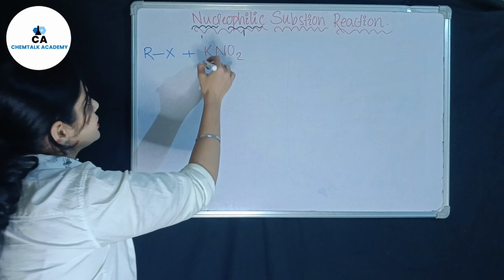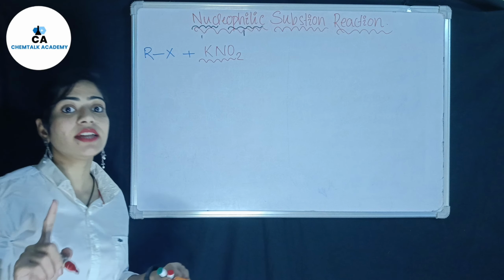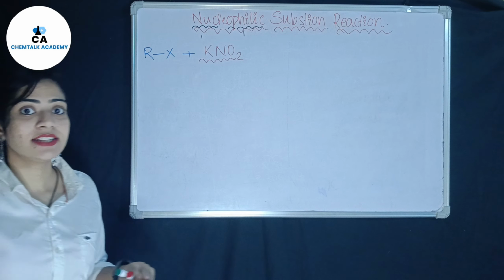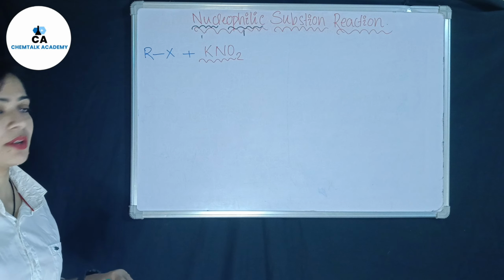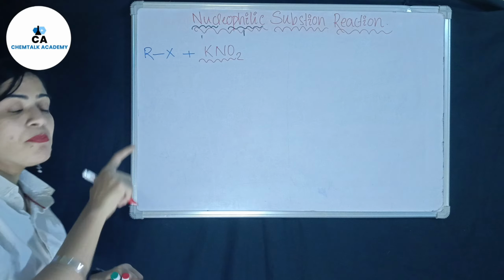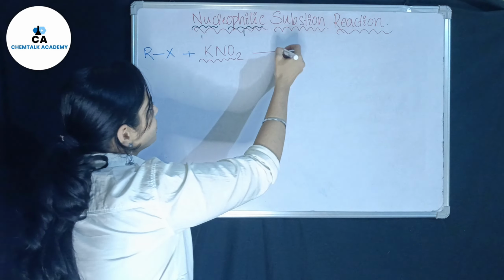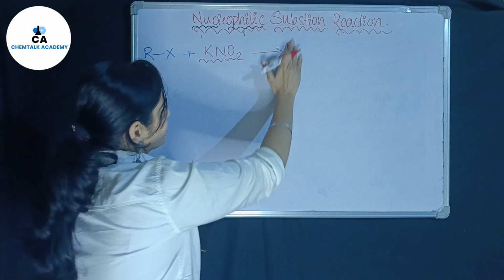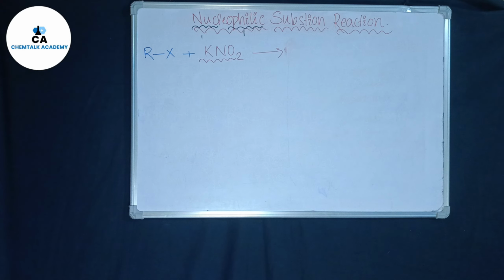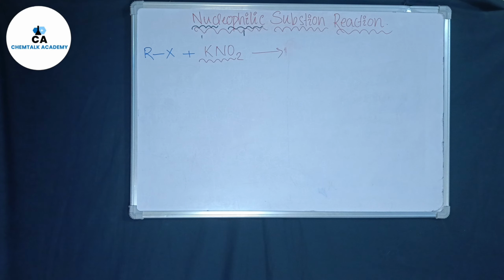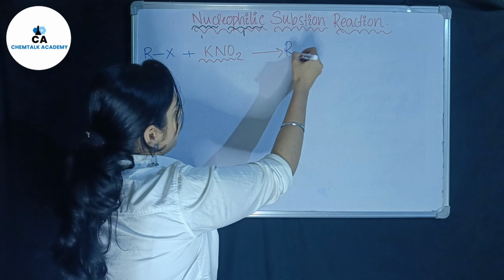Again it is an ionic compound. In NO2, the negative sign was with oxygen. Nitrogen was having a lone pair of electrons. So here, as it is an ionic compound, the product will be R-O-N=O.